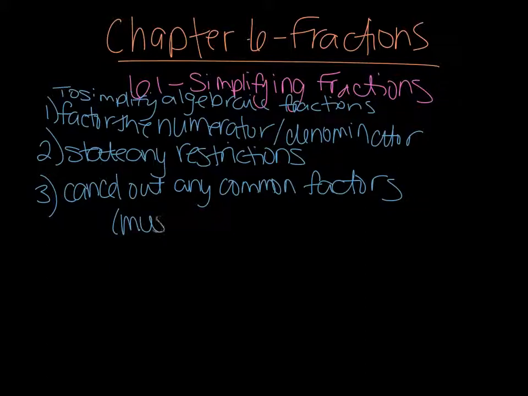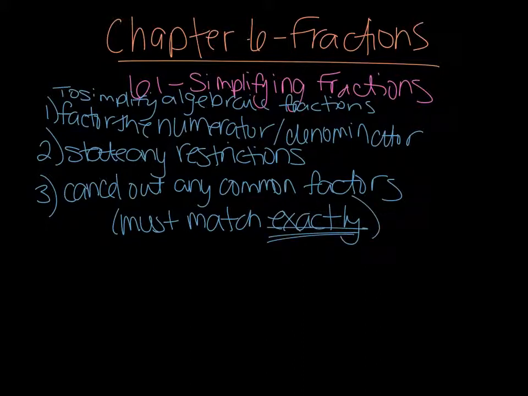It must match exactly, and underline exactly like 3 times. And what I mean by that, if you're going to try to cancel out an x minus 1, the only thing that can cancel out an x minus 1 is an x minus 1. The only thing that can cancel out an x plus 2 is an x plus 2. The only thing that can cancel out an x is what? An x, and just an x. Okay? Has to match exactly.